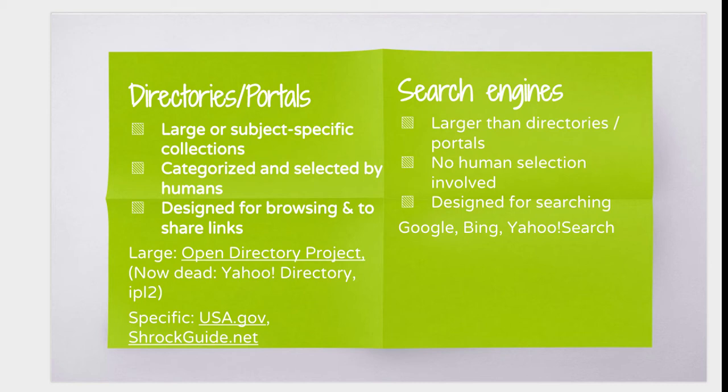Search engines are generally larger, and sometimes they will have a little bit of a directory there, but in general, human selection is not involved in a search engine, and they are designed for searching generally rather than browsing.